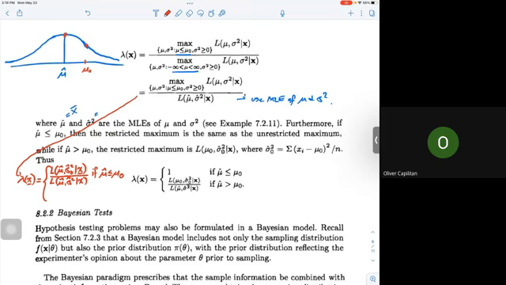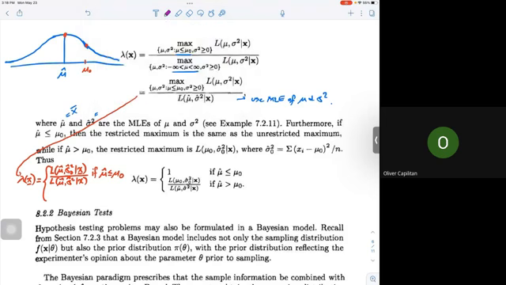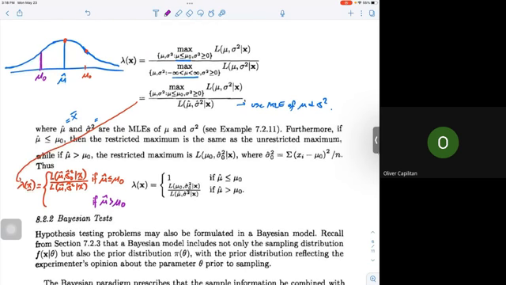Pero kung ang mu hat natin nandito, not mu hat, mu sub 0 nandyan. So, ibig sabihin yan na yung mu hat natin greater than mu sub 0.